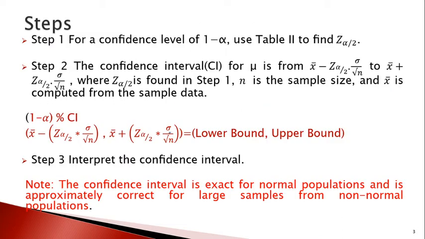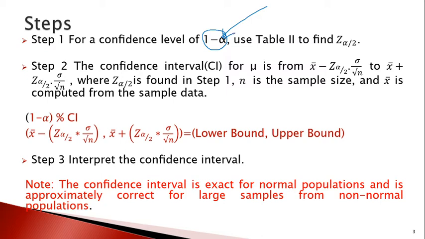Okay, it is easy. There are only three steps. First, for the confidence interval, they will give you the confidence level, so that you can calculate 1 minus alpha. I think you may remember this alpha.